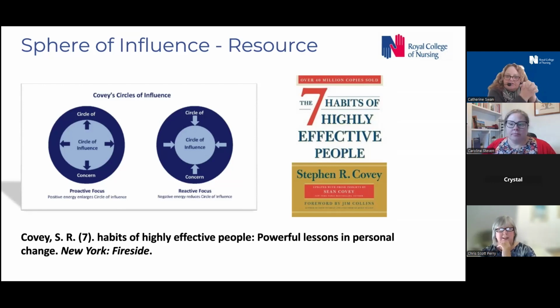We talked about the sphere of influence, and this is Stephen Covey, and this is nothing new really, because the sphere of influence was introduced probably in the 1940s by a psychologist called Kurt Lewin, and he describes various social forces that really shape individual behavior and attitudes.